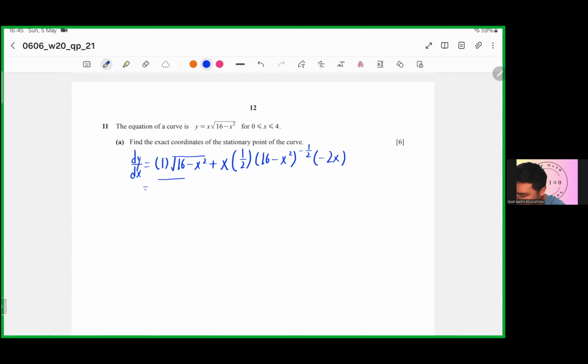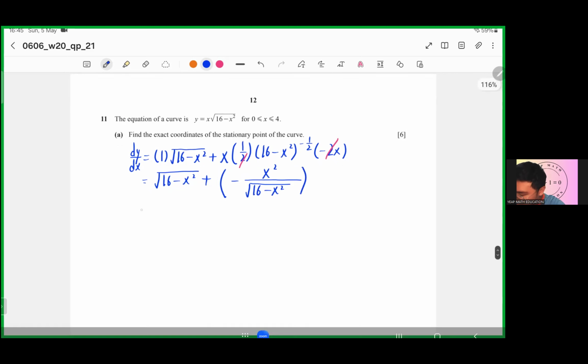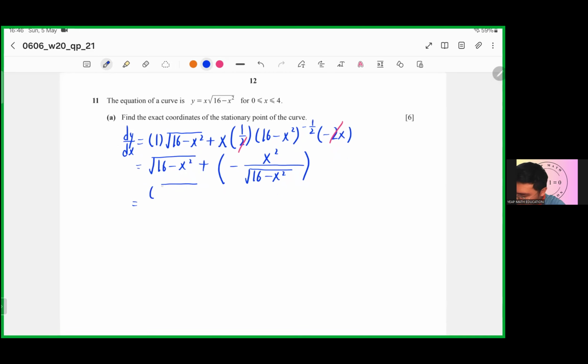So we can write square root of 16 minus x squared, and then plus negative x squared over, because the power is negative, we put it in the denominator, square root of 16 minus x squared.